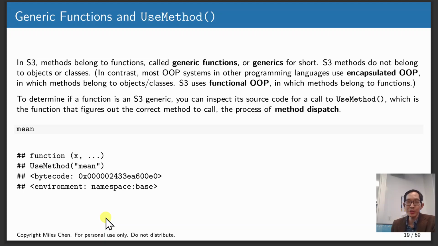In the S3 system, methods belong to the functions, and we call these functions generic functions. The methods don't belong to the objects or classes, which is how it works with encapsulated OOP. Here we have functional OOP, which uses generic functions. The methods belong to the functions.